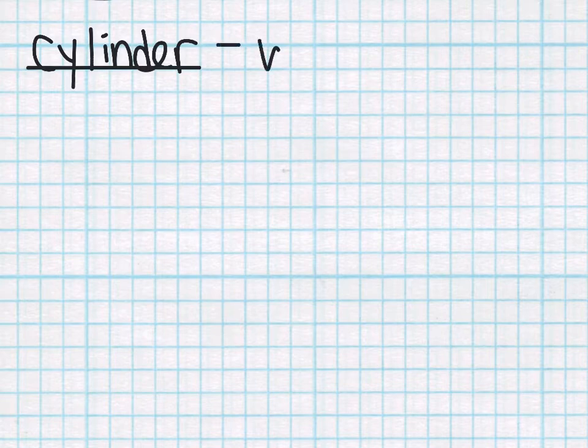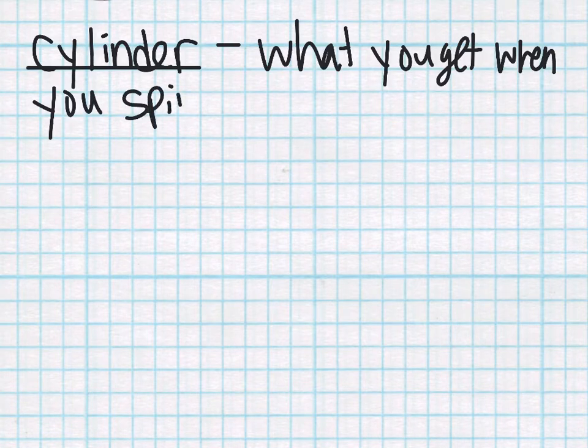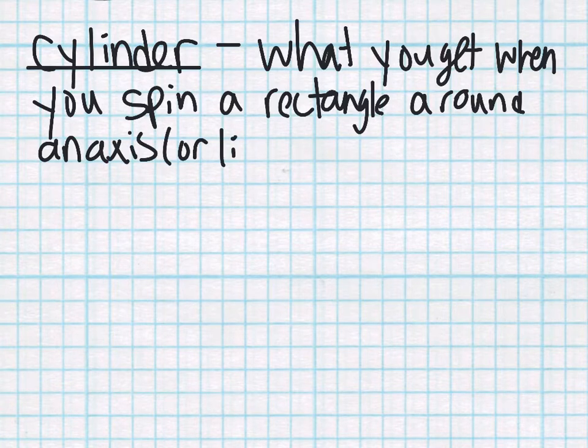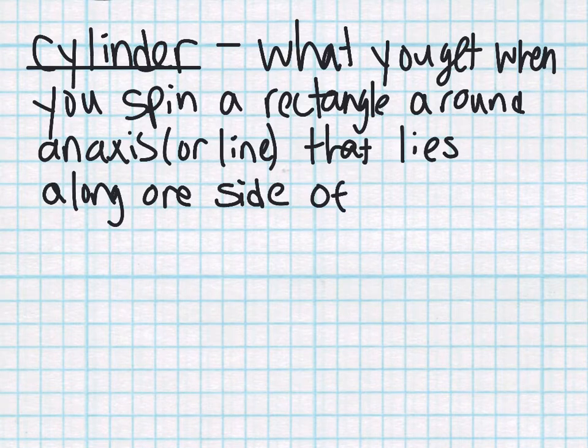A cylinder is what you get when you spin a rectangle around an axis or line that lies along one side of the rectangle.